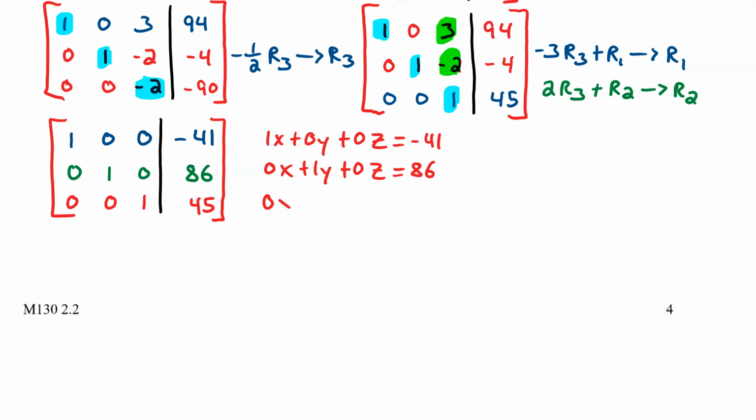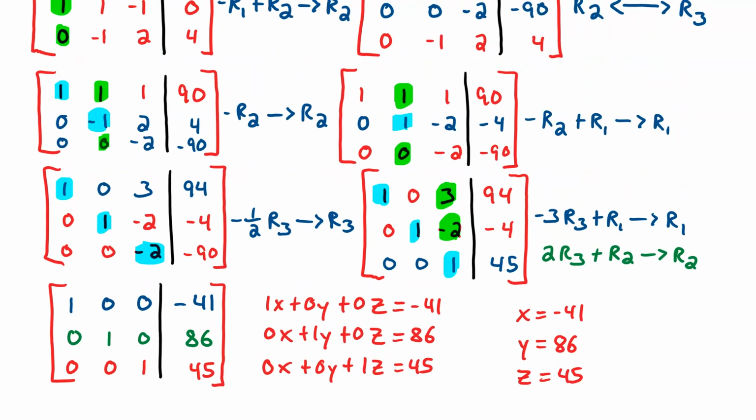And we will have 0x plus 0y plus 1z equals 45. So this shows us that x is going to equal -41, y is going to equal 86, and z is going to equal 45.